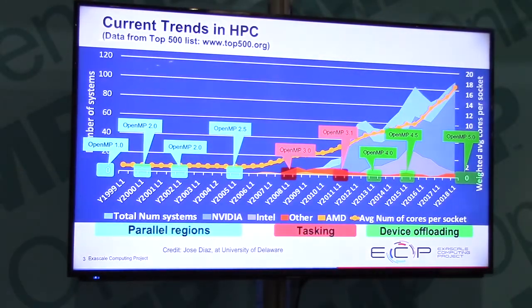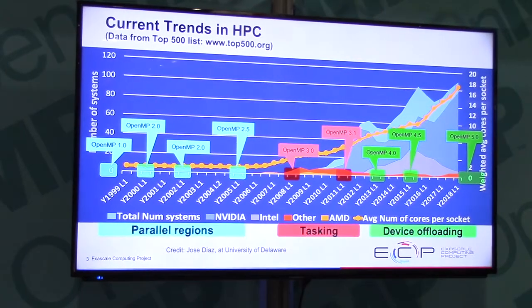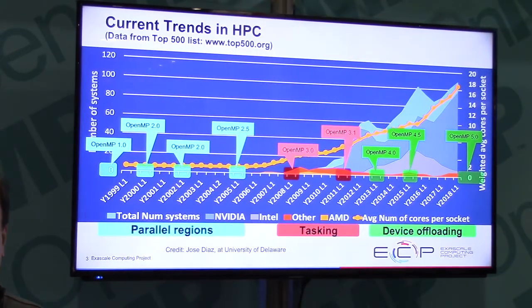As we see in the TOP500 list over the last several years, architectures have been significantly changing. Initially, in the early 2000s, applications were targeting multi-core architectures, but as we evolve, lately we're moving more toward accelerator type architectures.